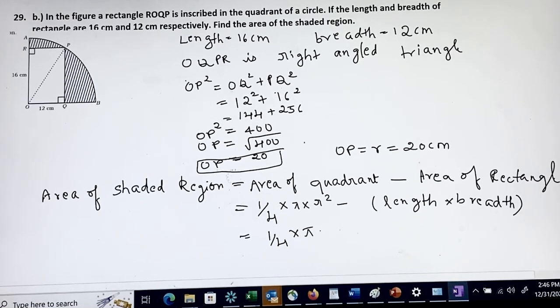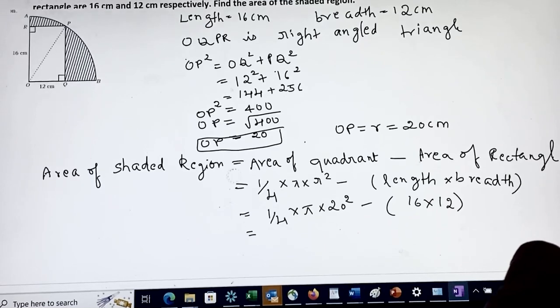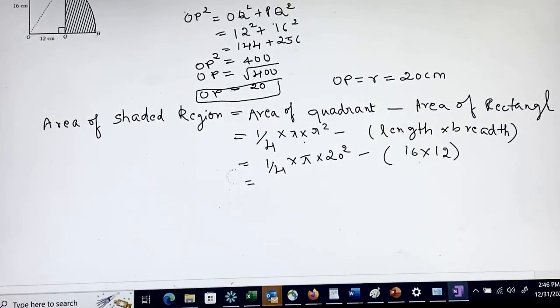Okay, and now we know the r value. R is nothing but 20 square minus, we know the length and breadth, that is 16 into breadth is nothing but 12. Okay, so now I'll just simplify this. That is 1 by 4 into pi into 20 square is nothing but 400, minus 16 into 12 is nothing but 192.